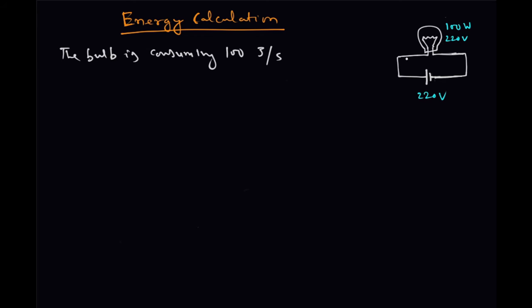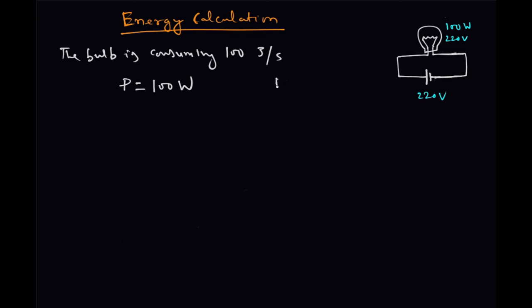So this bulb is consuming 100 watt. Instead of writing it in joules, let it remain in watt. So we know that P, the power of this bulb, is 100 watt. Now what is the energy consumed?